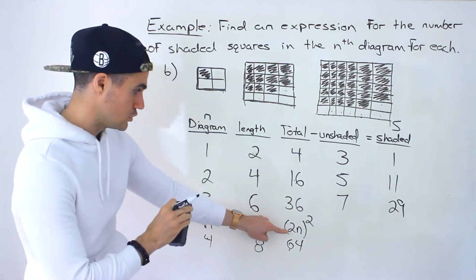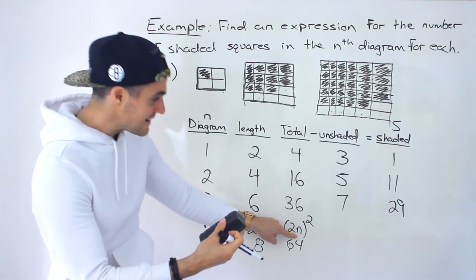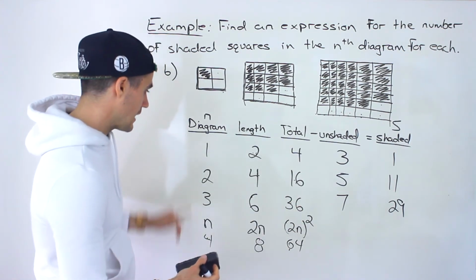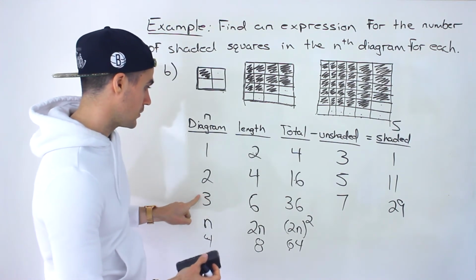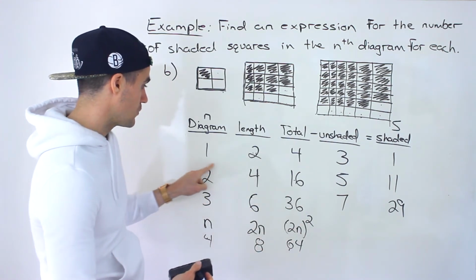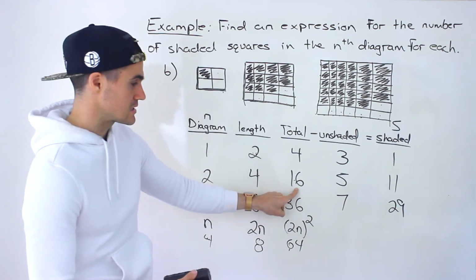And then if we use this, 2 times 4, we have to work with the bracket first. It's 8. 8 to the power 2 gives us that 64. And then again, you could test these over here as well. If we plug in 3 for n, 2 times 3, 6 to the power 2. If we plug in 2 for n, 2 times 2, 4 to the power 2 gives us 16.